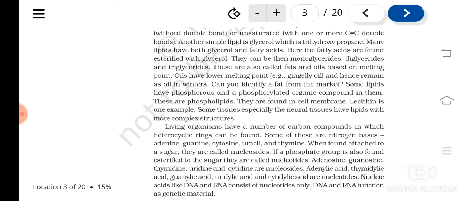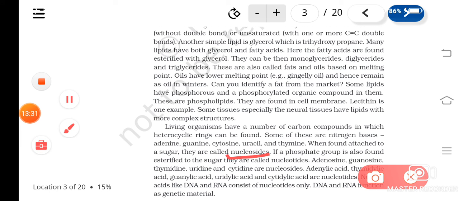Understood? So when these nitrogen bases are attached to sugars, they are known as nucleosides. What are the nitrogen bases? Adenine, guanine, cytosine, uracil and thymine. When they are attached with the sugar, they are known as nucleosides.